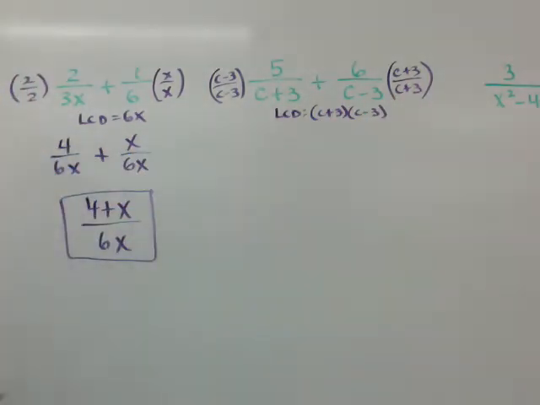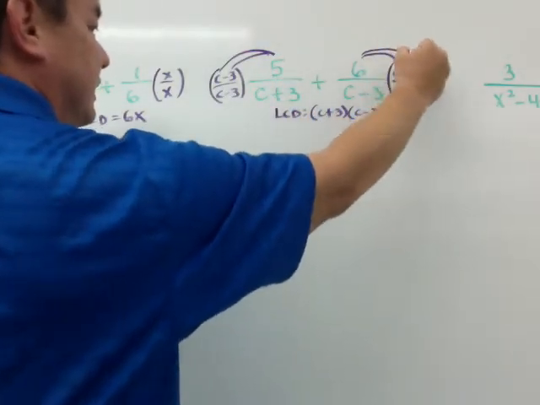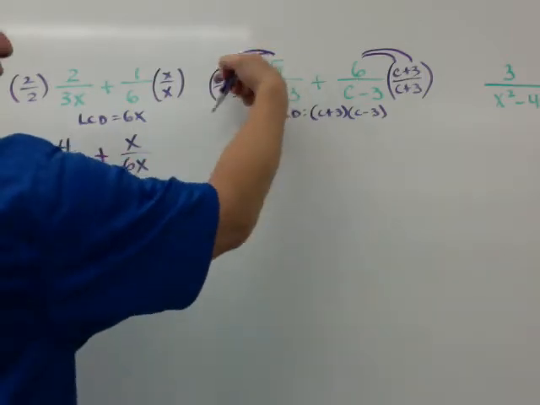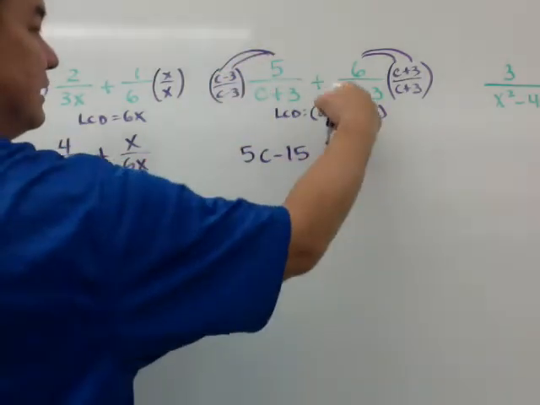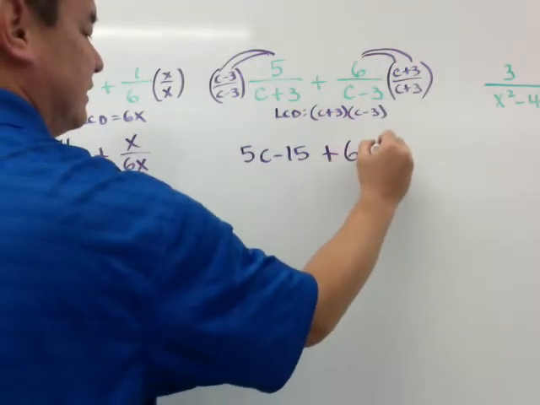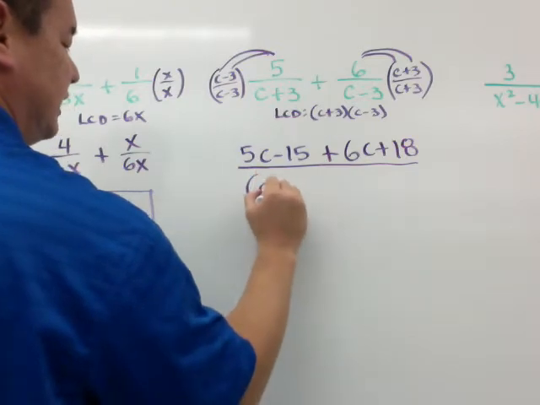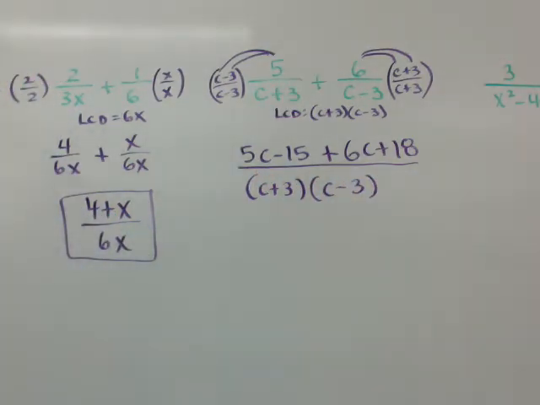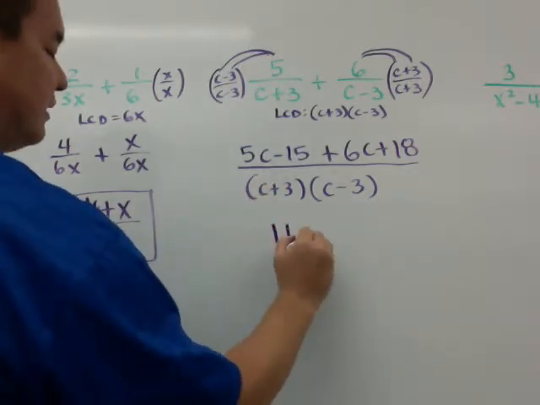Okay, but what I need to do is make sure I distribute this into both of those. Okay, so on this side, I'm going to get 5c minus 15 plus 6c plus 18 over c plus 3 times c minus 3. Okay, because I have an LCD now. Now I combine my like terms.